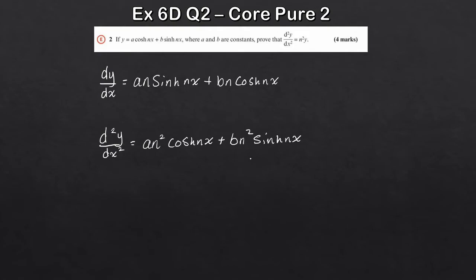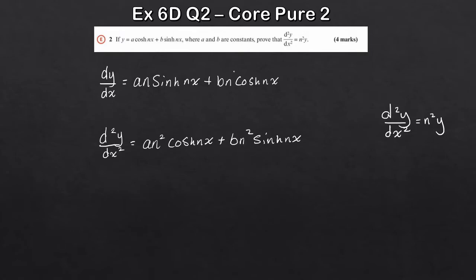Okay, so we're nearly there now. We need the second derivative to be equal to n squared y. So we've got an squared cosh nx plus bn squared hyperbolic sine nx. Well, we're nearly there, but obviously it's not quite how they want it.